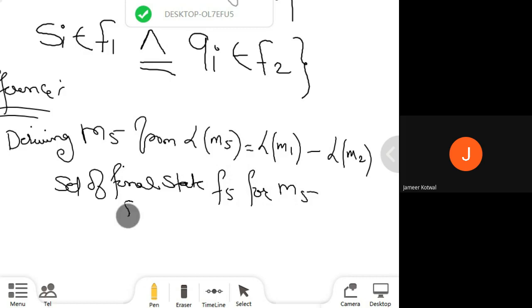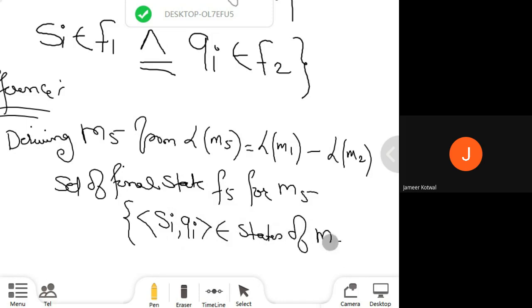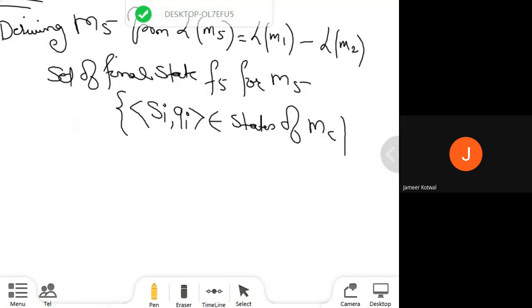It says that the state from machine 1 and any state from machine 2 belongs to the states of the machine. In that, which state are you going to consider as a final state?